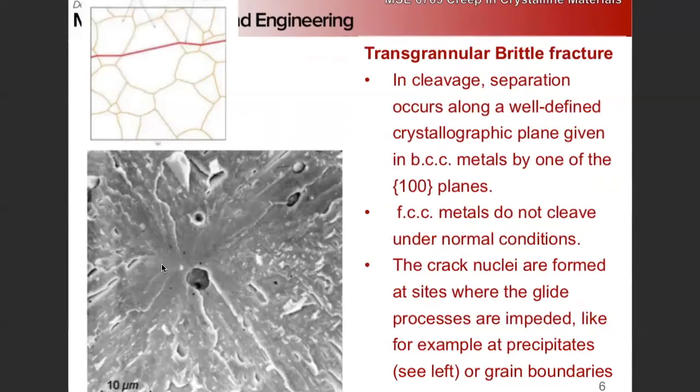So for this transgranular fracture, the cracks are going to nucleate at sites where slip is impeded, like at a precipitate. So here we have a precipitate, secondary phase particle or inclusion of some kind, where we had a crack nucleate and come out. If we look at this, remember this is an SEM image. So what's going to give us this light contrast here in an SEM?